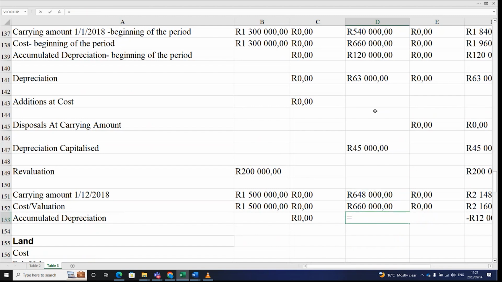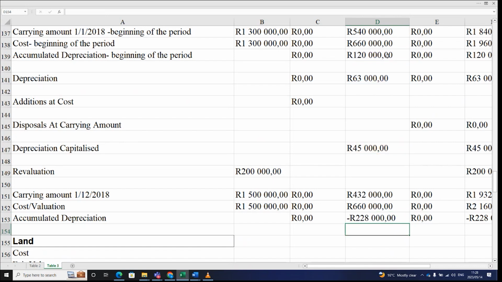Let's put that there and get the signs right so we get the correct total. Then this plus that. This was the depreciation for the year, and we also need to add the accumulated depreciation.